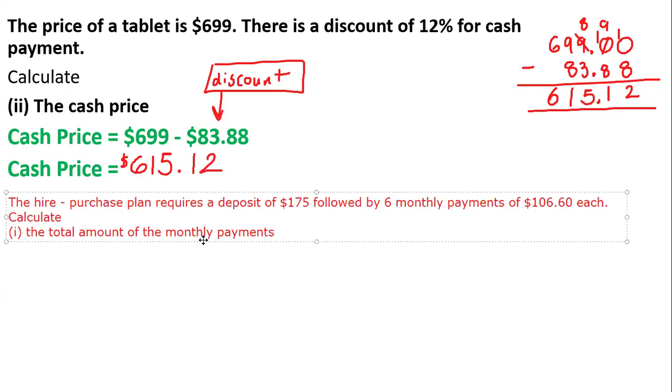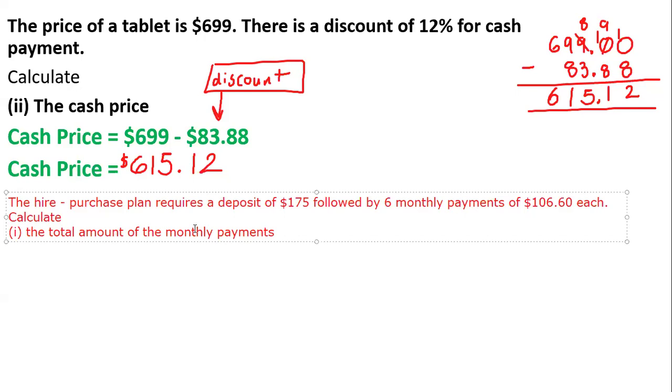You multiply the 6 and the 106.60, and then you add it to the 175. I just want the total amount of the monthly payments. I don't want the deposit. I just want the monthly payments.